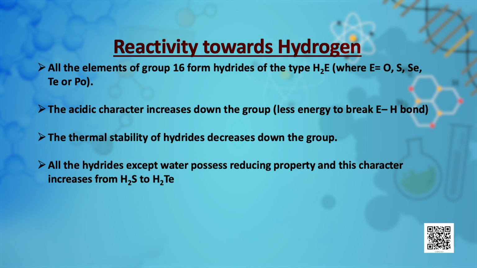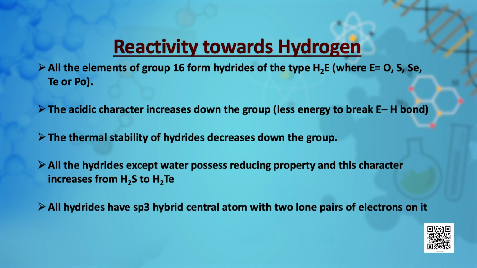All the hydrides except water possess reducing property and this character increases from hydrogen sulfide to hydrogen telluride. All hydrides have sp3 hybrid central atom with 2 lone pairs of electrons on it.